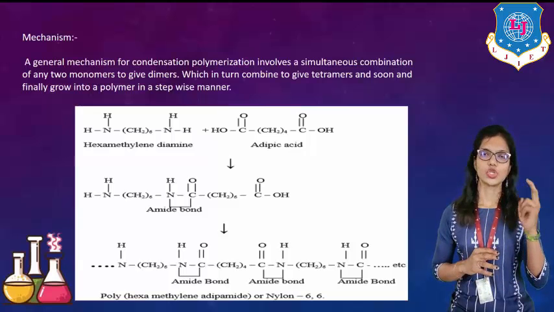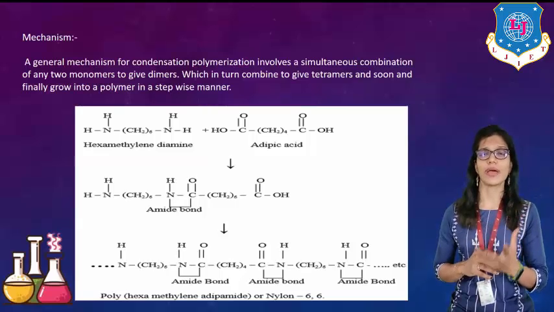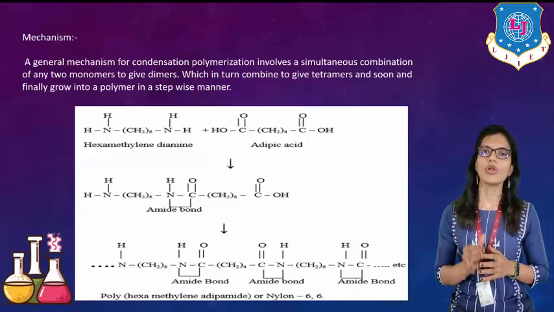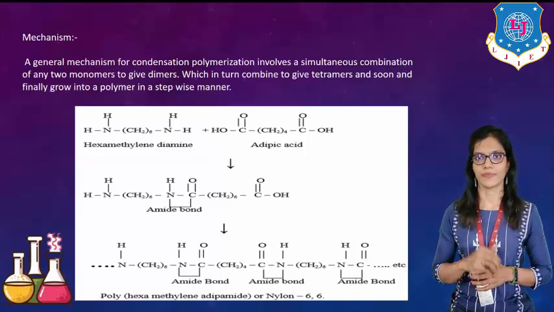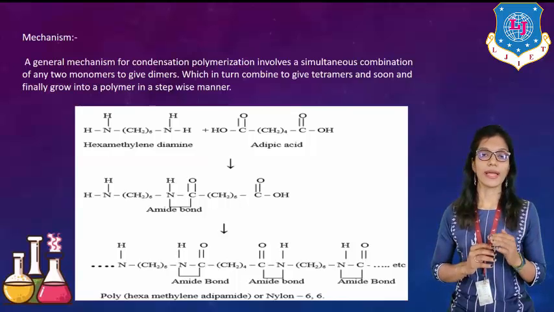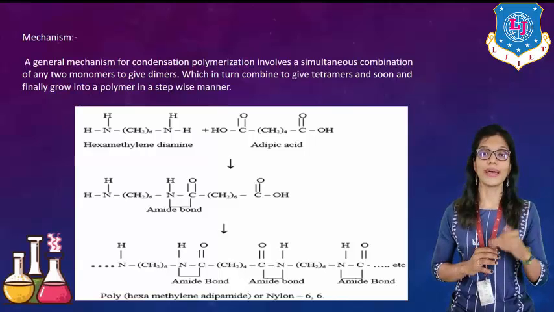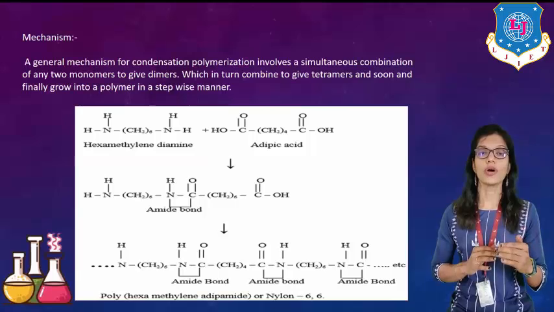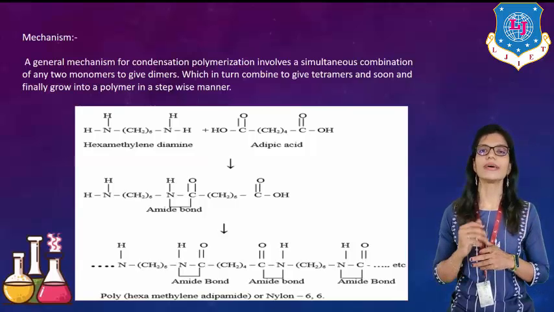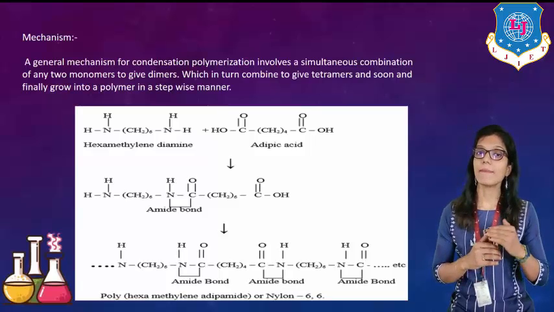Okay? When two combine, it is called a dimer. When three combine, trimers. More than two combine, it is known as polymers. So here, dimers in turn combine to give tetramers. As I said, if it becomes 4, it becomes tetramers, and so on, and finally grow into a polymer in a stepwise manner. Okay? It's a step-by-step process.